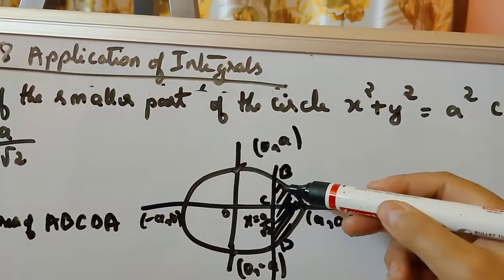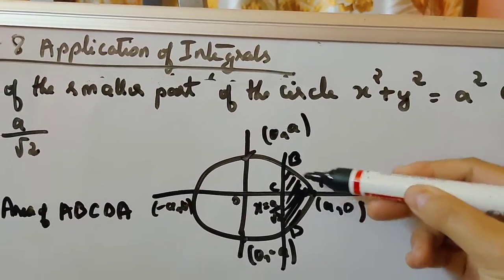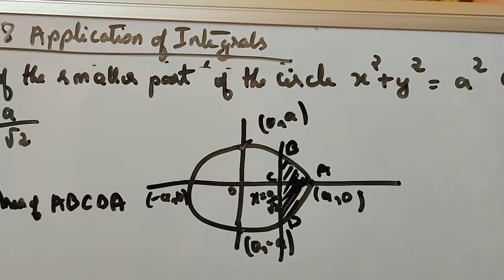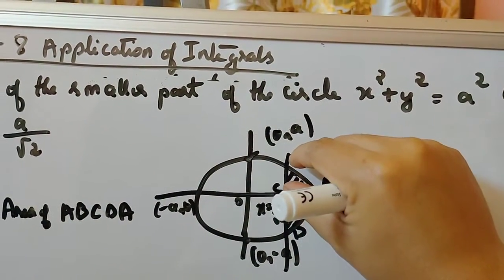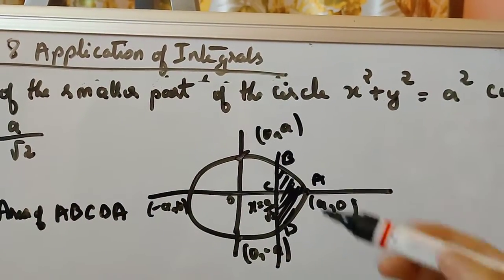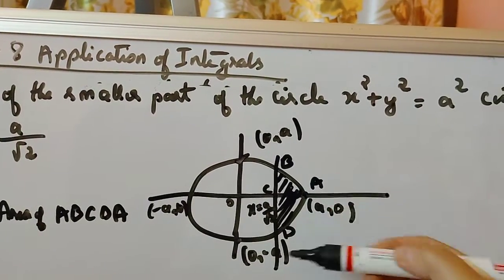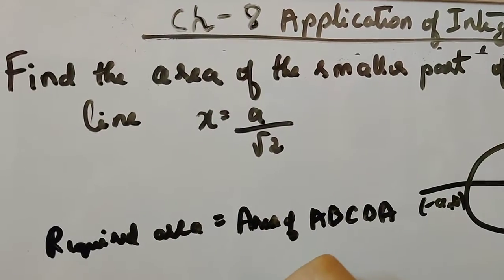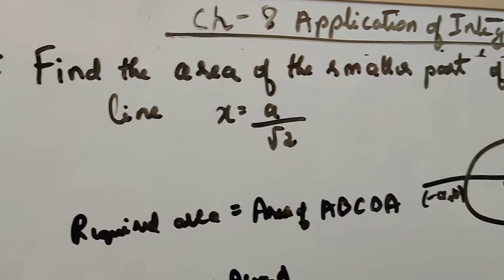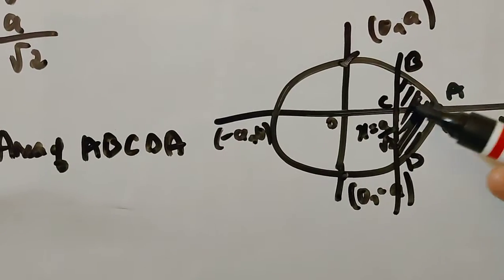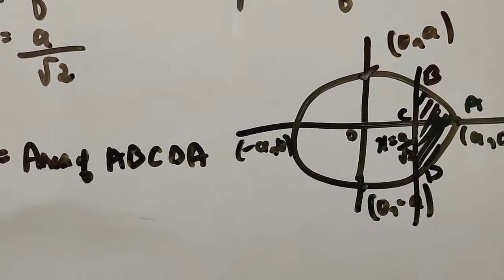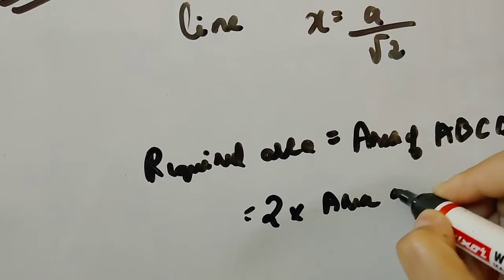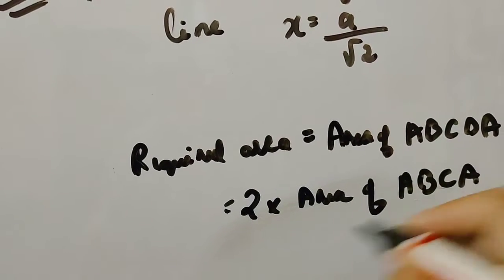If we find just this one part and multiply by 2, then we will get the whole area, isn't it? If we find the value of this much and multiply by 2, we will get both areas, which gives us the total area. So the area will become twice the area of ABCA.